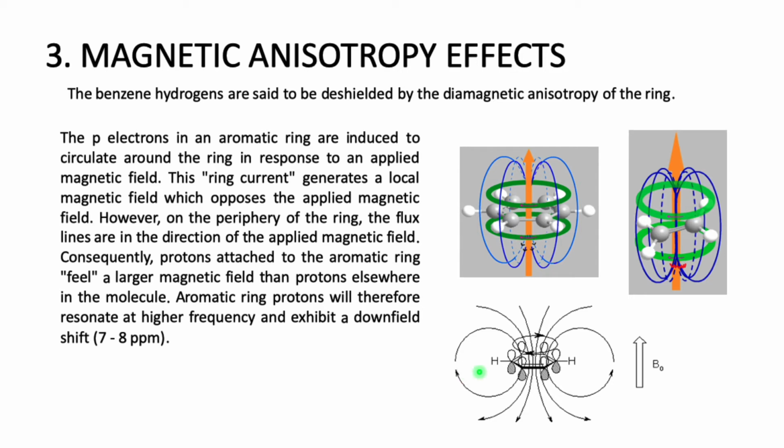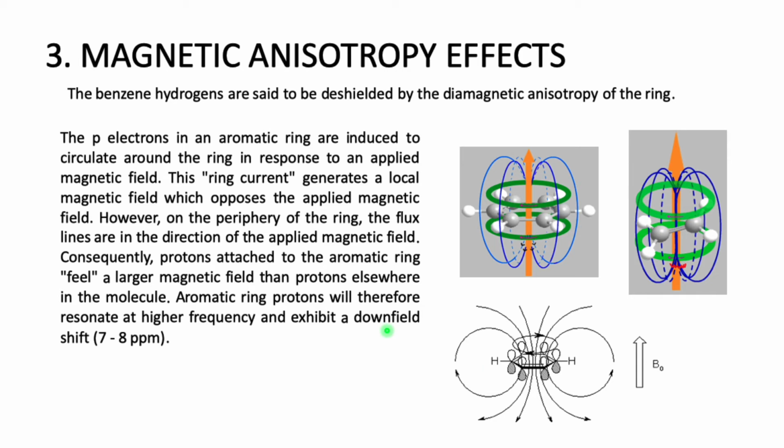The ring current generates a local magnetic field that opposes the applied magnetic field. However, on the periphery of the ring, the flux lines are in the direction of the applied magnetic field. So the protons attached to this aromatic ring, around the periphery of these flux lines, experience a larger magnetic field compared to any other protons elsewhere in this particular molecule.